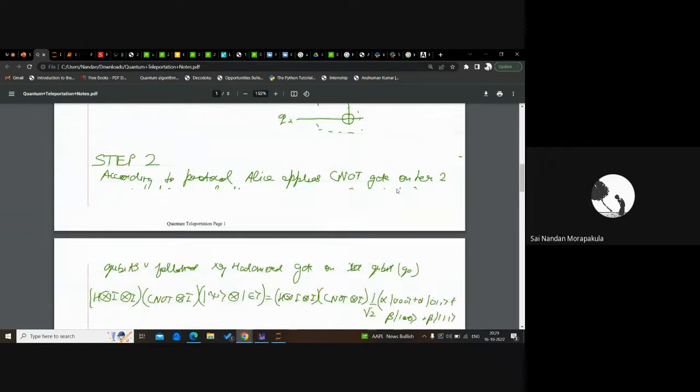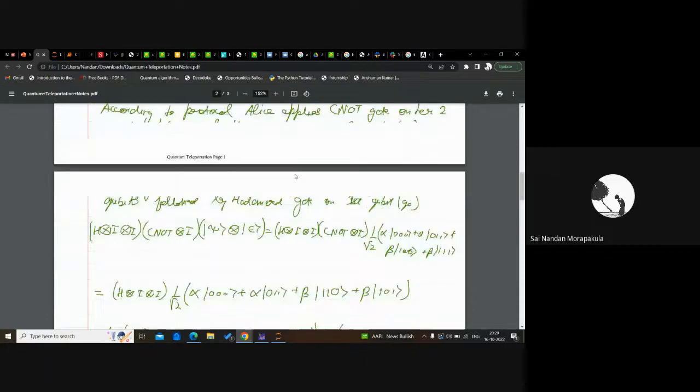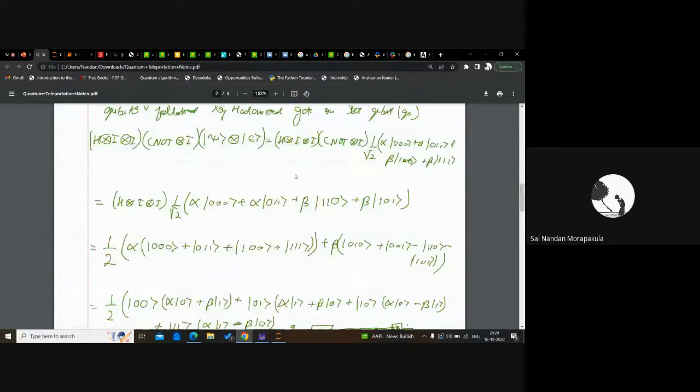Coming to the second step, what the quantum protocol tells us is to apply a CNOT gate and then a Hadamard gate on the qubits that Alice has.